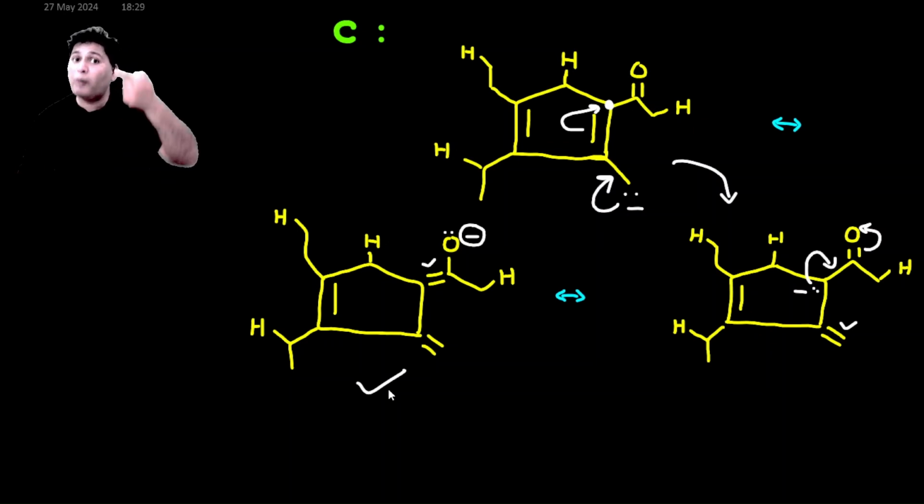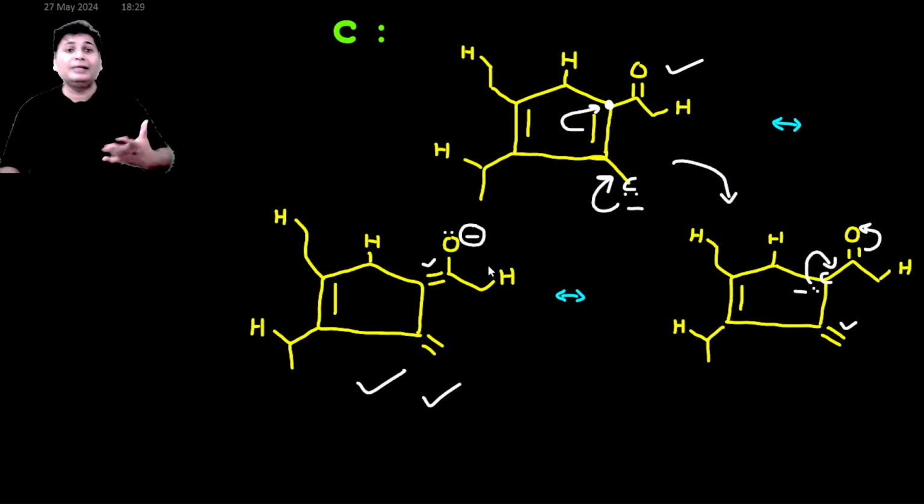But if it is borne by a less electronegative element like carbon, it is not that stable. So if you see structure number 1, the minus was borne by a carbon. If you see structure number 2, again the minus was borne by a carbon. But in structure number 3, it is held by a very strong, very electronegative oxygen. So the third structure is the most important structure.